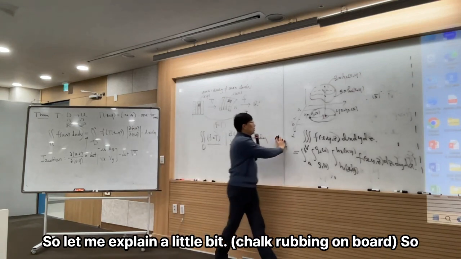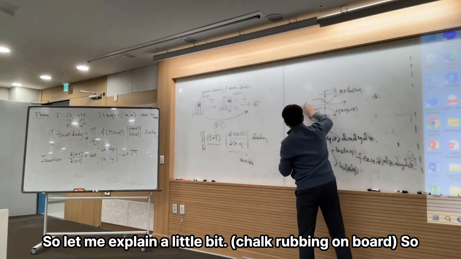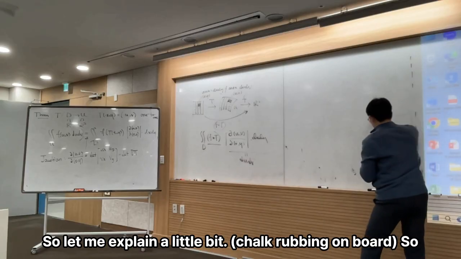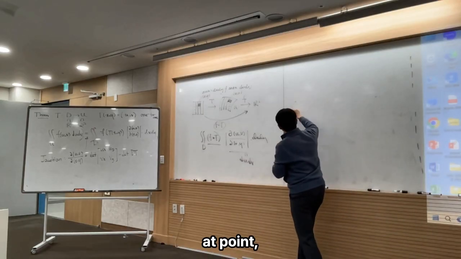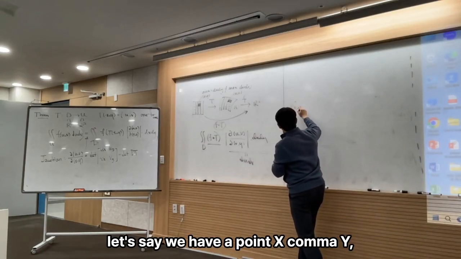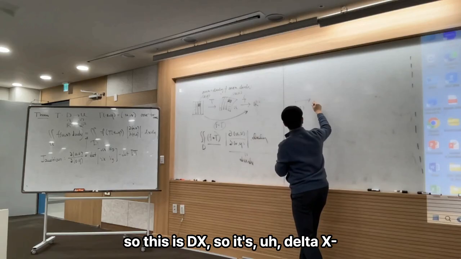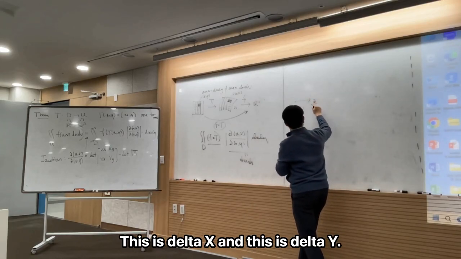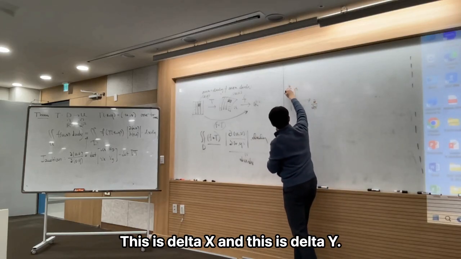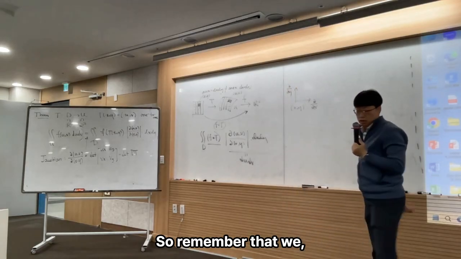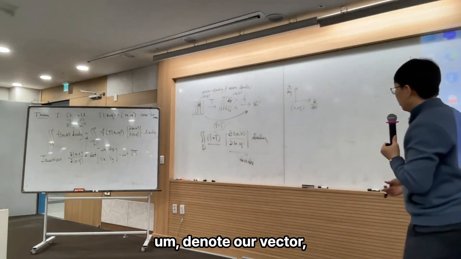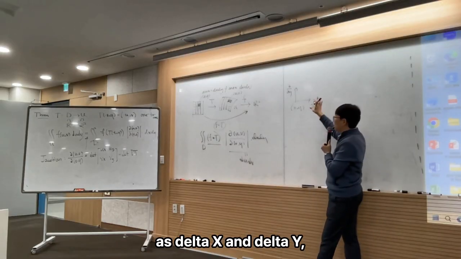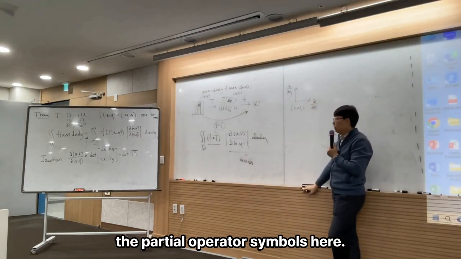So let me explain a little bit. At a point, let's say we have a point x comma y. This is del x, and this is del y. So remember that we denote our vector moving from point x comma y as del x and del y, the partial operator symbols here.